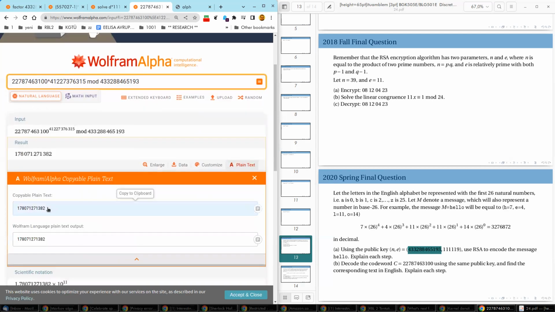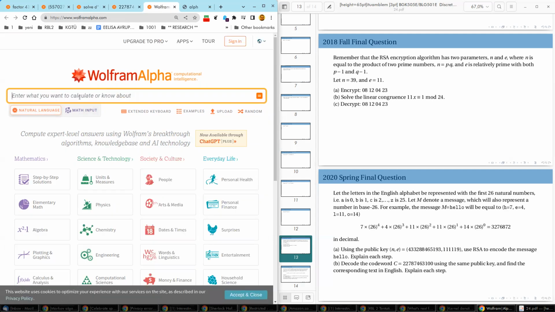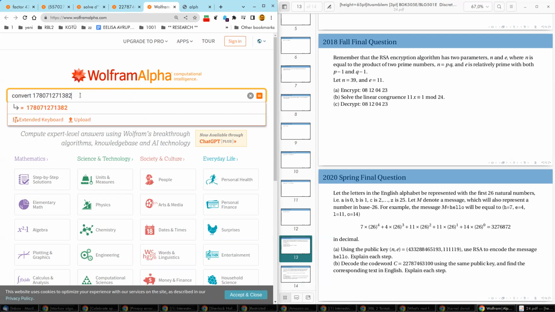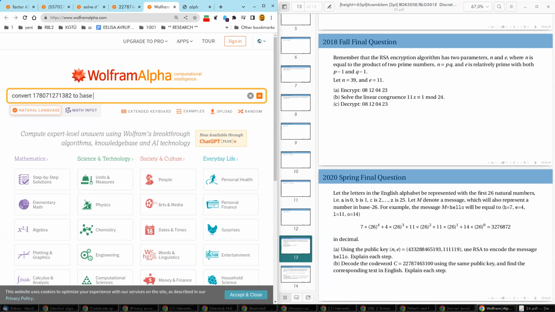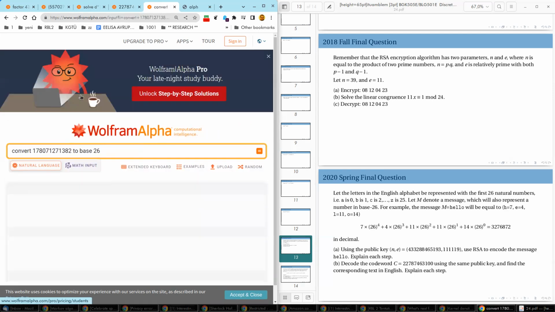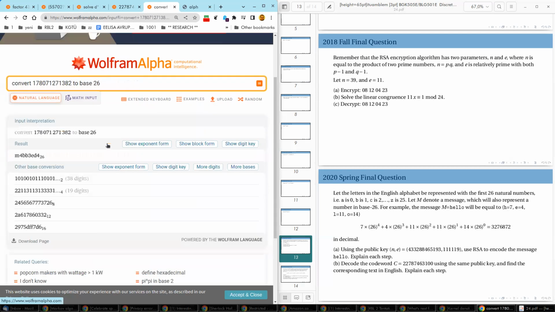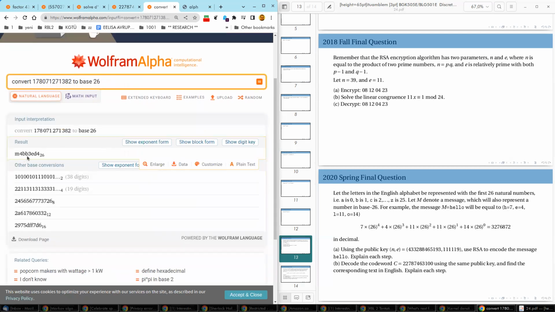Let me copy this. Now, the only thing that remains is to find the word, the actual message. So I'm going to convert this value into base 26. Okay, so this is my value in base 26. So I need to find the equivalent of this as a word.